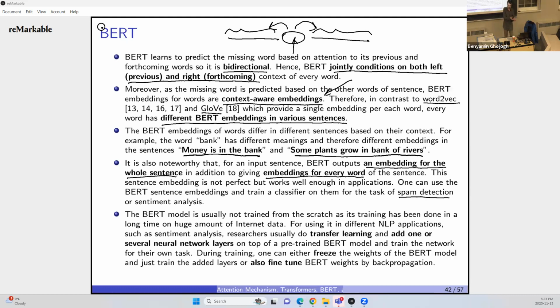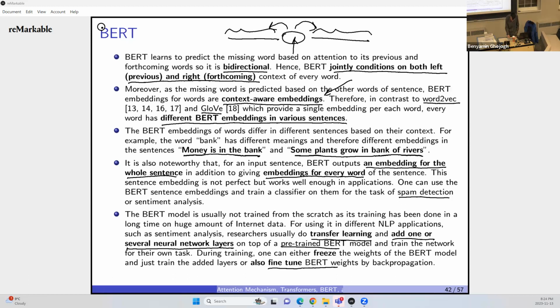Either you take the embedding and use a simple classifier on the embeddings as the features, or you can fine-tune your BERT by transfer learning. What do you do? For example, you can freeze some of the initial layers of BERT and only fine-tune the last layers. Or you can add one or more neural network layers on top of a pre-trained BERT, then freeze the weights of BERT and only tune the weights of the additional layers, right?